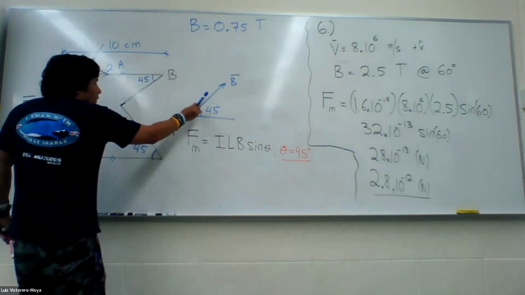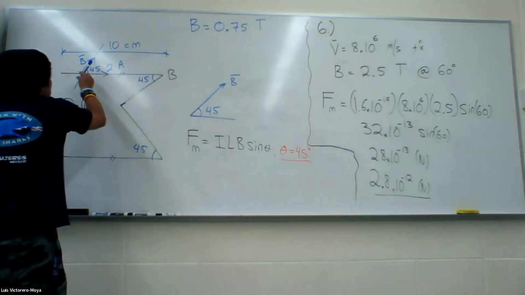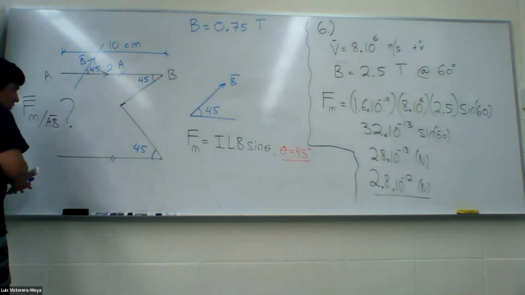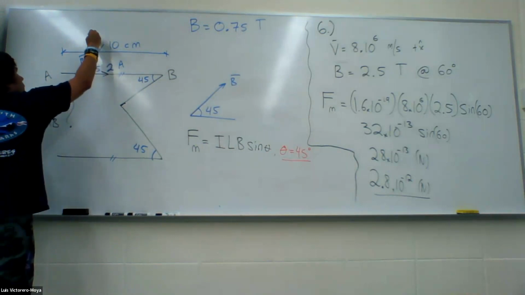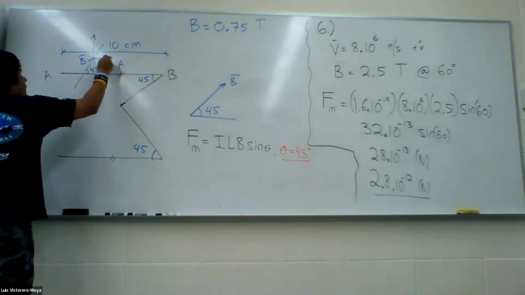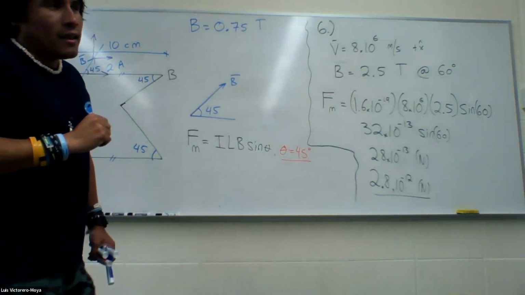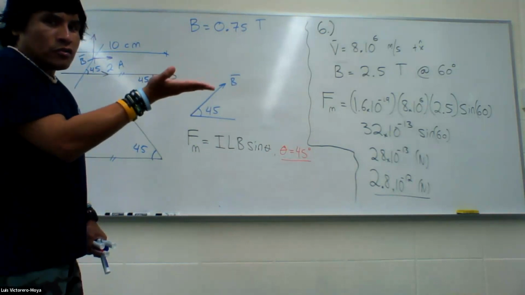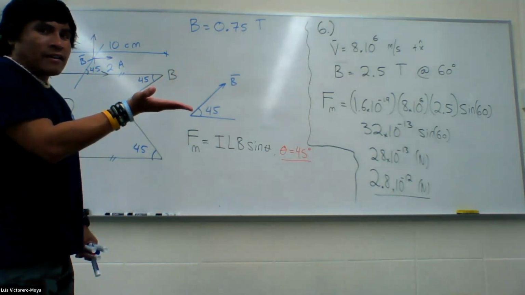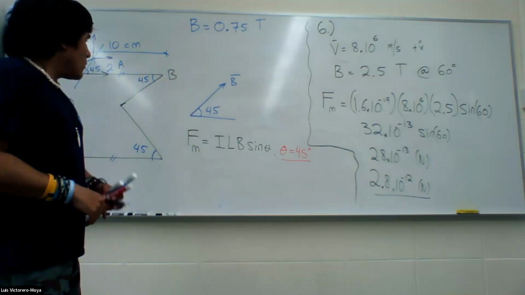So this component doesn't exert any force. It's this component here. So you have the field going like that, you can break it into components, right? One going like that, one going like that. The one going up is the one that exerts a magnetic force. So you have the current like that, field going up, the magnetic force is out of the page.